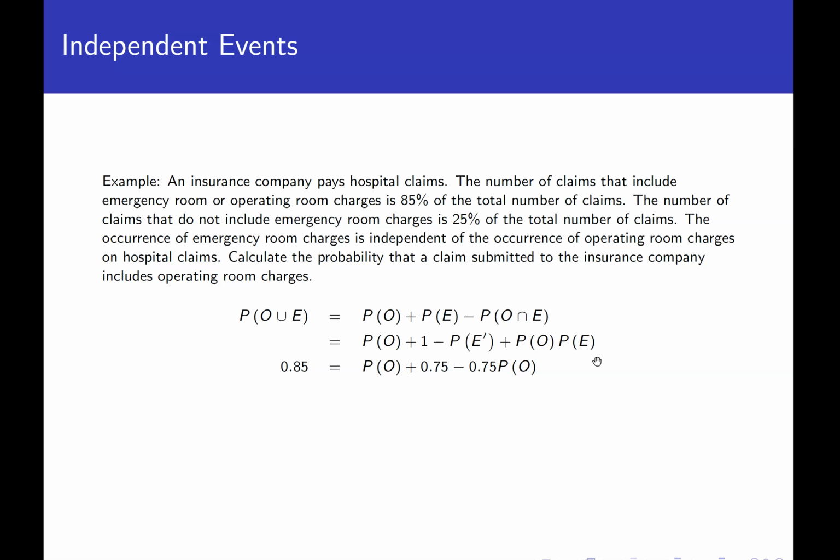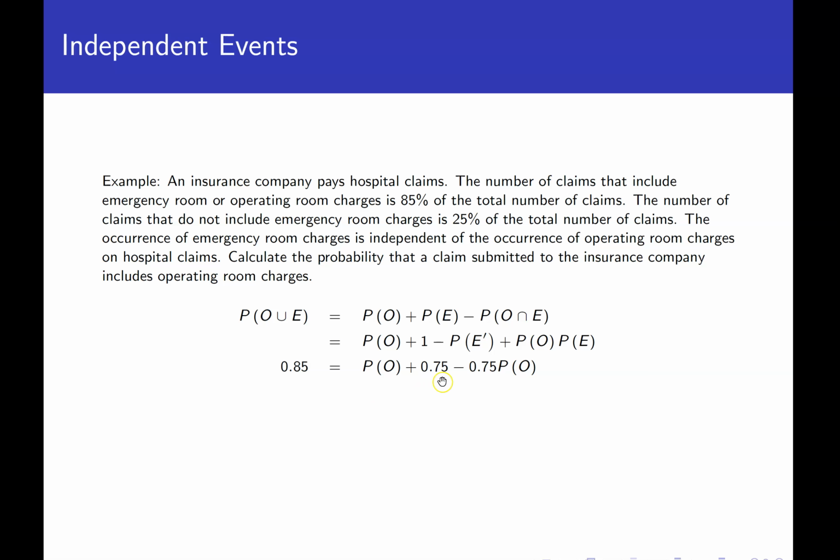And now we can plug in the pieces that we know. We know that the probability of E complement here is 0.25, so the probability of E is 0.75. So on the right-hand side, I can plug in both occurrences of this probability of E, I know is 0.75, and I know the probability of the union is 0.85. Both of those pieces are given to us.